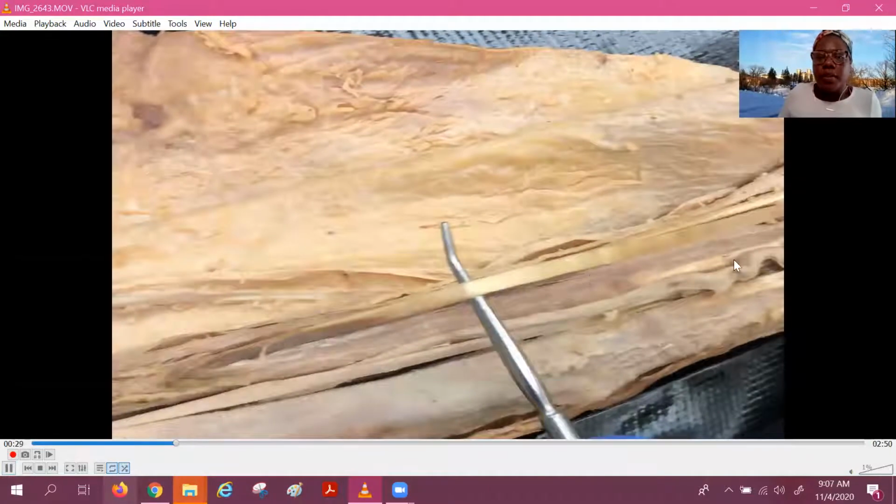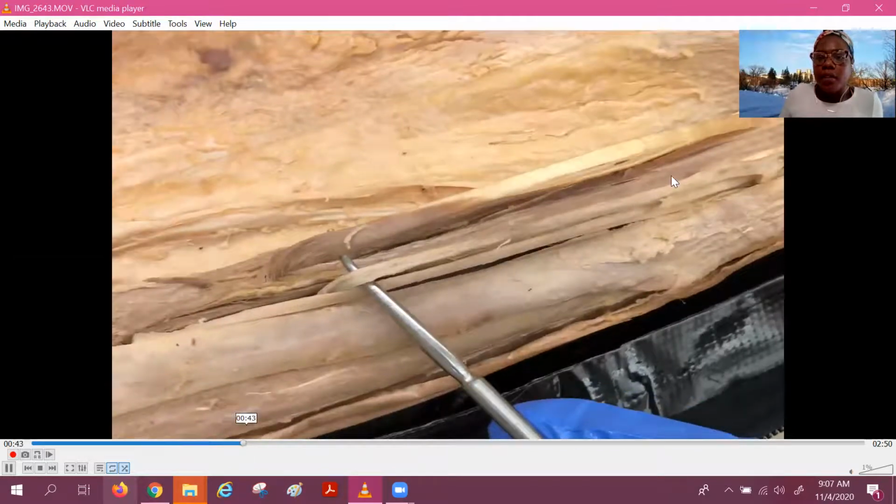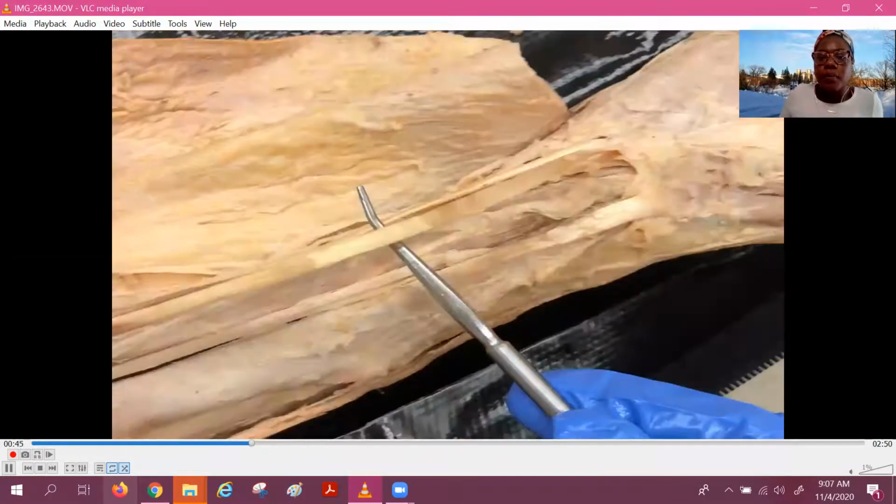So here are some different views. Again, we've got a tendon. We can distinguish that tendon from the artery here. And then we can distinguish that artery and tendon from a nerve, right? A nerve is going to be that continuous structure.